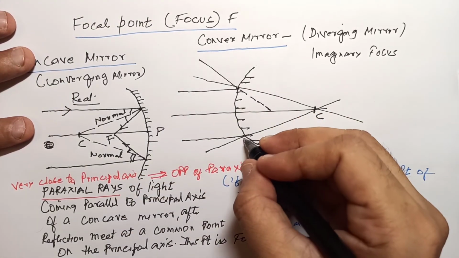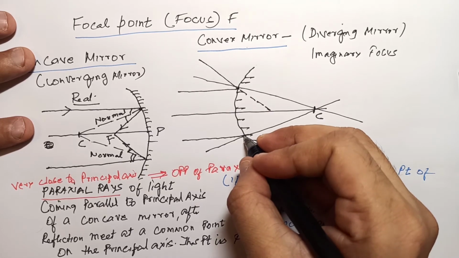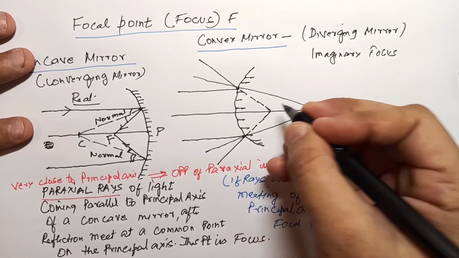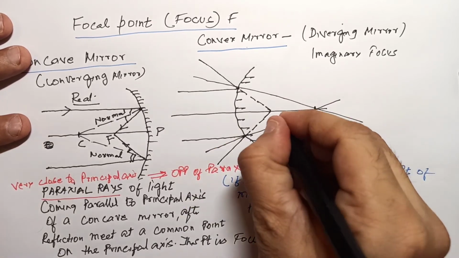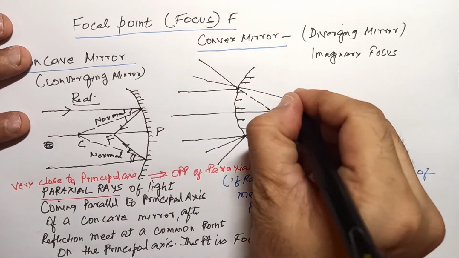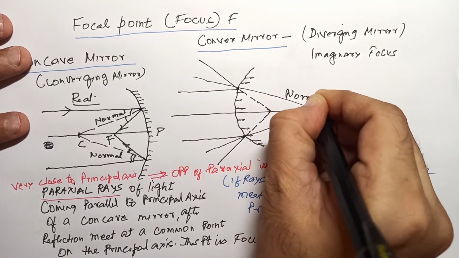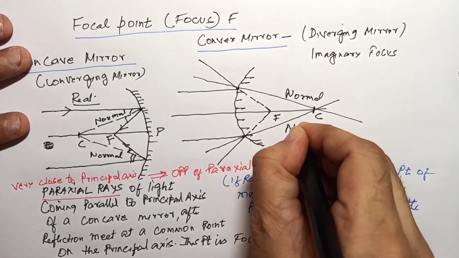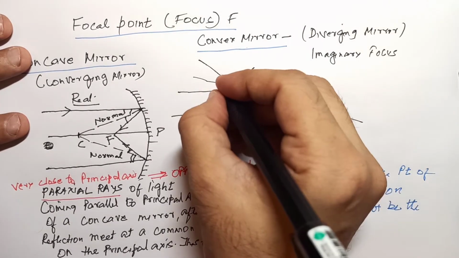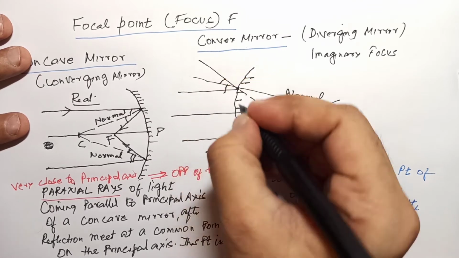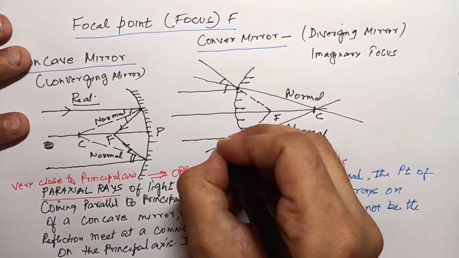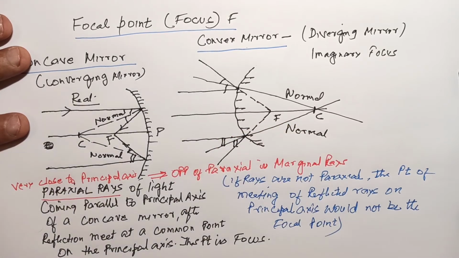Similarly, this will be deflected somewhere here, and it will appear to meet at this point on the principal axis, which is focus. This angle will be equal to this angle, and this angle is equal to this angle.